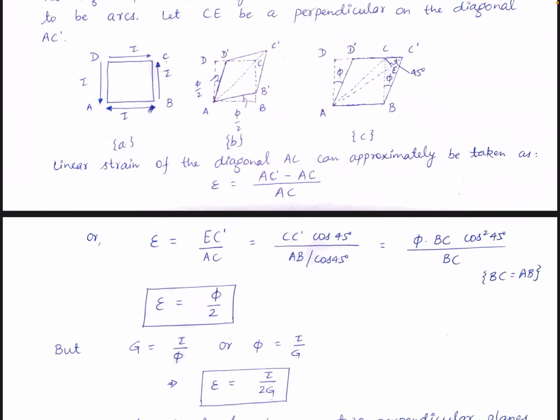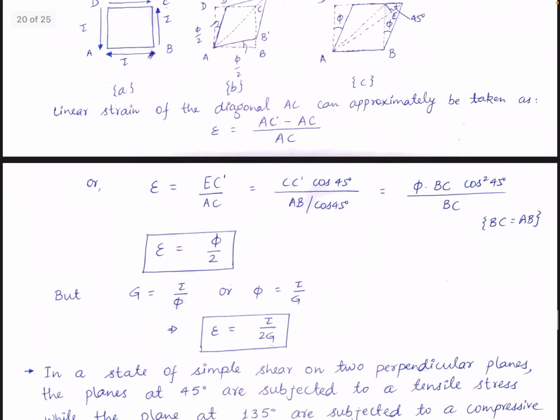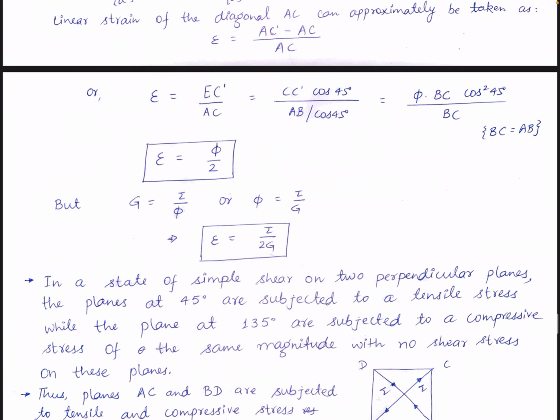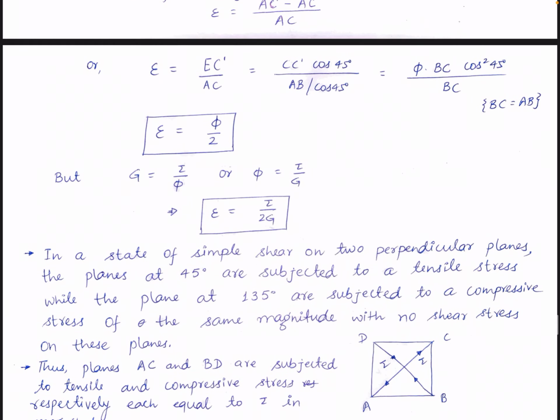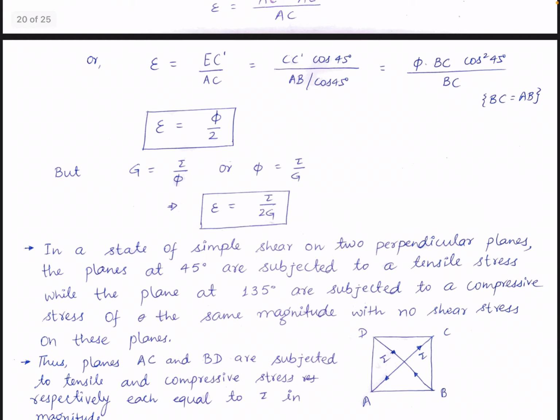Now put EC dash and AC in terms of BC. All the angles are given, so you will get epsilon is equal to phi by 2. Put all the values here. But we know that phi, G is tau by phi. So from here you will get epsilon is equal to tau by 2G.